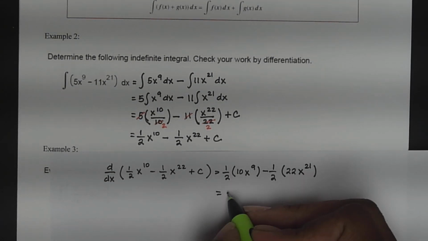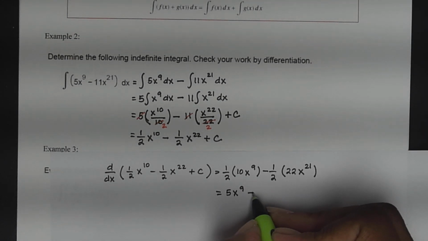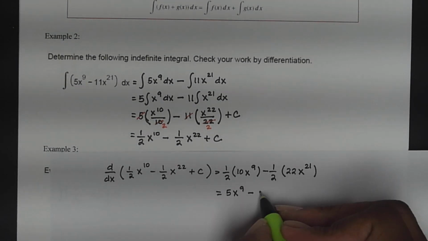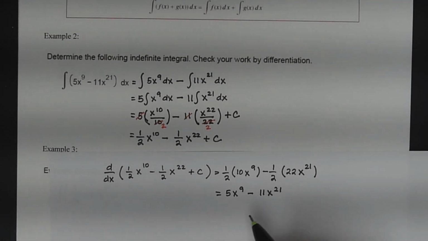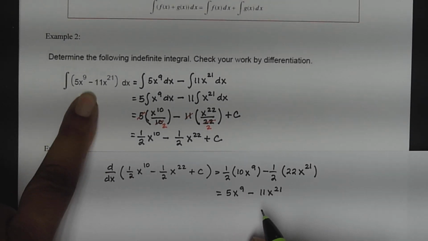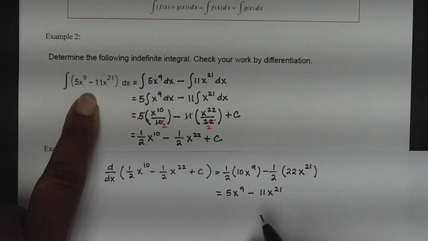Now if I take 1/2 of 10, that's going to be 5. So I have 5x to the 9 minus a half of 22 is 11, so it'll be 11 x to the 21st. Compare that to what I have here. It must be equal to the integrand that I have here.